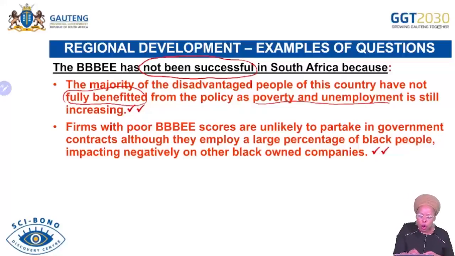It is only those with excellent triple BEE scores. So if you own a company and you are a Black-owned company, but your scores are low, you won't be able to get access to government opportunities. But even though you are employing more Blacks, you won't benefit in government tenders as well.